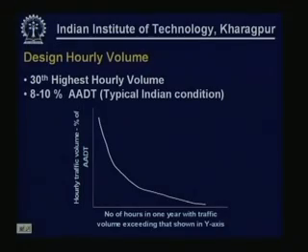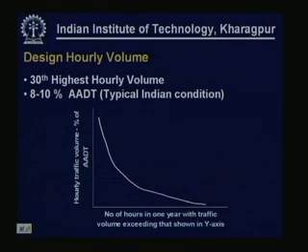So far, we have discussed the estimation of daily traffic, but what is required is that from the daily traffic or the AADT, we must be able to estimate the design hourly volume. Let us look at the graph.